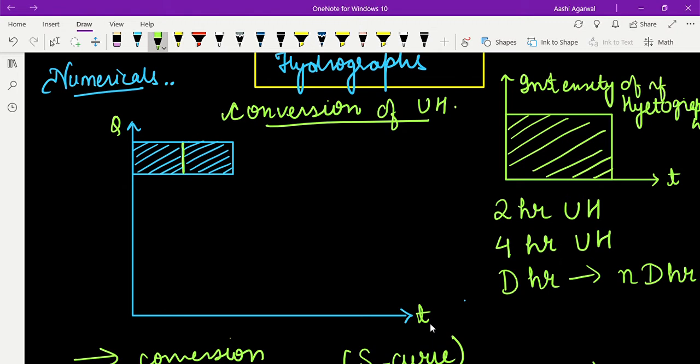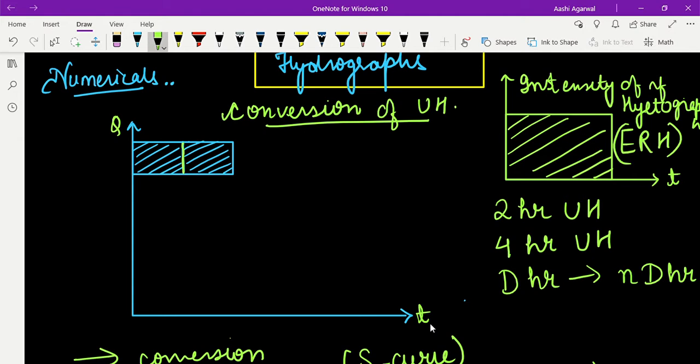And when you take only effective rainfall, that means when you neglect the losses, the portion which is below the phi index, that particular portion which is above the phi index is called the effective rainfall hydrograph, that is called ERH. That means only that value of rainfall which contributes to runoff. That is what I have plotted here.